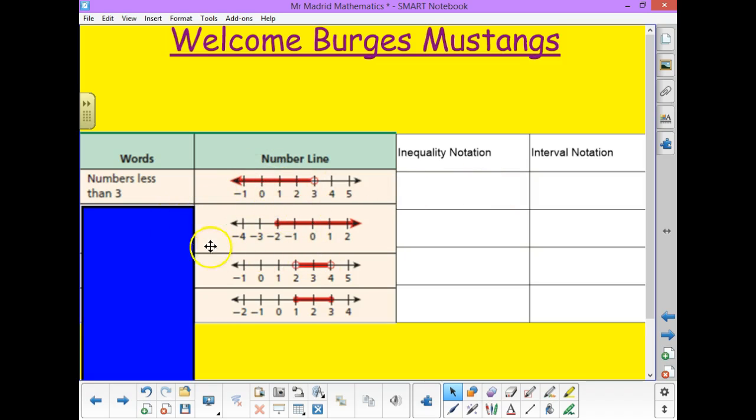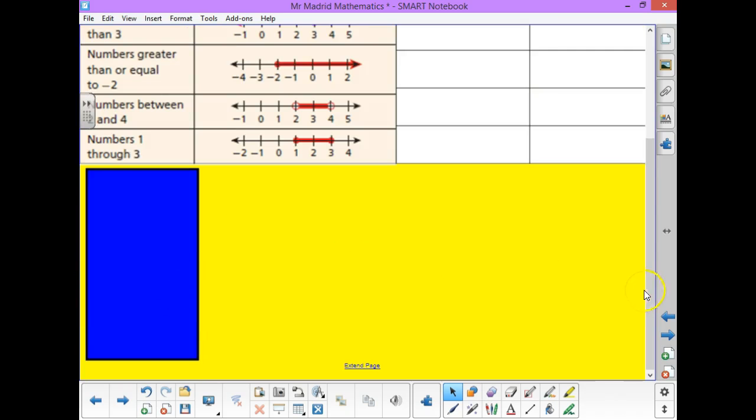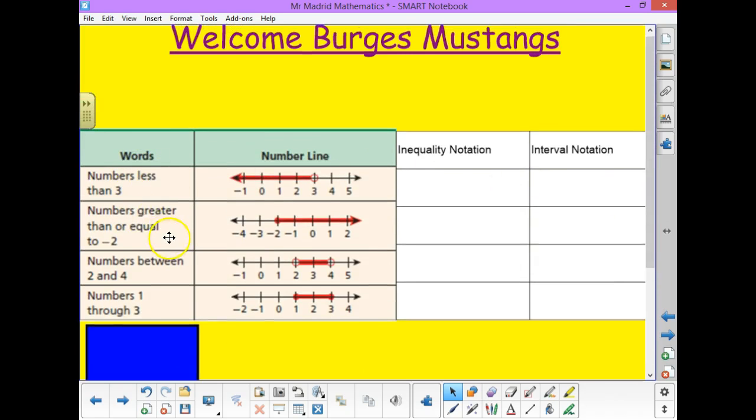So let's go ahead and look at the rest of these. On this one, look what it says for words. Numbers greater than or equal to -2. So here's -2, and in this case it's to the right, so yeah, greater than, but look what it also says, equal to. This one didn't say equal to, this one does. So the question is why, and the answer is because this one's open, so there's no equal.